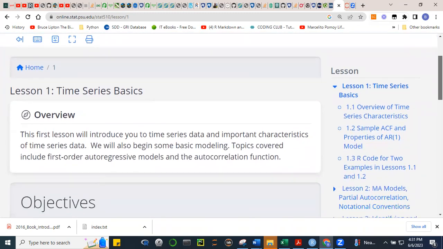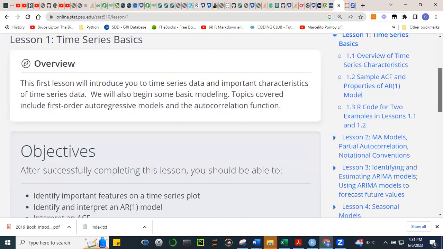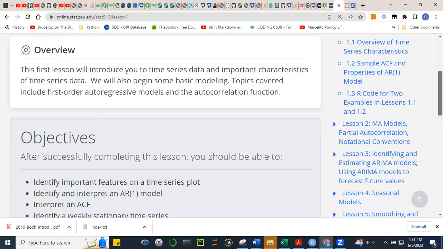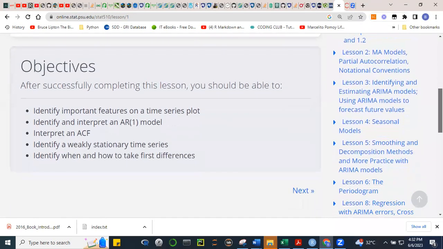Of course, we cannot discuss everything about time series analysis, but this is additional material for you if you really want to master the concepts of time series analysis. This reference will be very helpful.